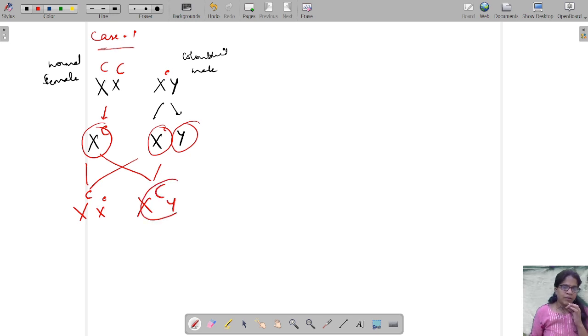See, these are completely normal males, right? And these are in hemizygous condition, so they are normal, but they are carriers. They are carriers for the next generation. So this is the case study I just wanted to talk to you about.